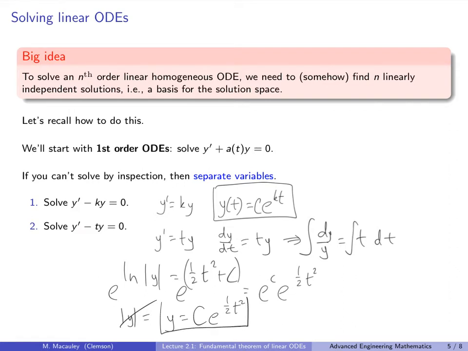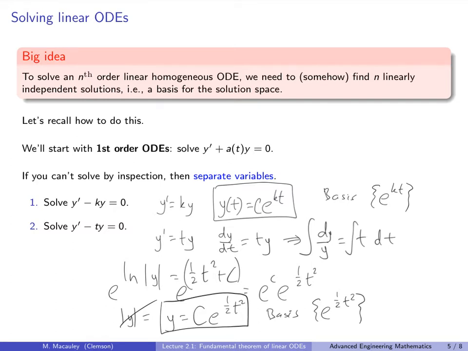So this is the general solution. It's, as you can see, a one-dimensional subspace. So here, a basis of the solution space was e to the kt. And down here, a basis for this solution space was e to the 1/2 t squared.